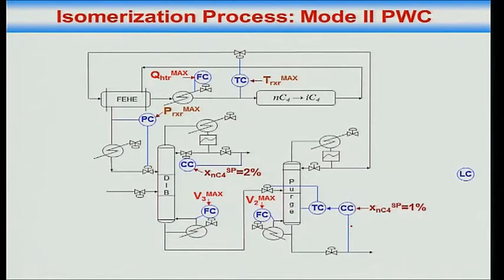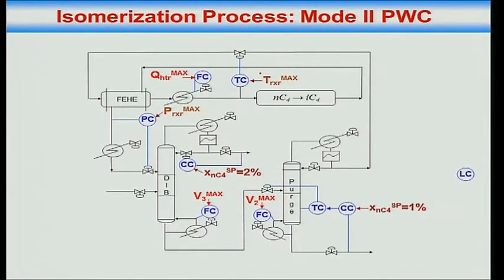Is there any other active constraint? Let us see, 1, 2, 3, 4, okay, now 6, there should be 8, some things are missing. So the pressure and this thing. No, pressure is controlled, temperature is controlled, composition.